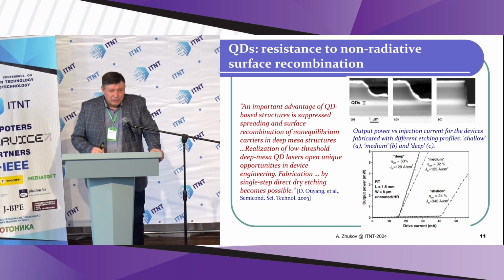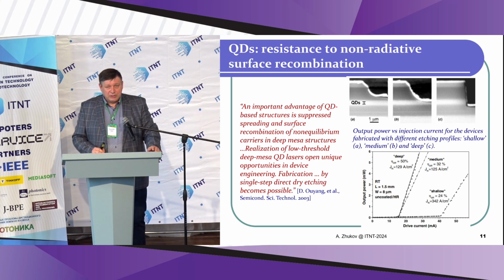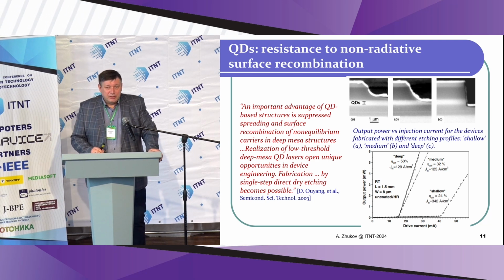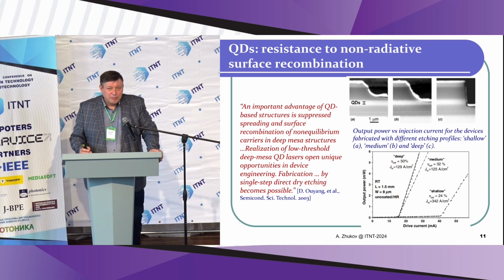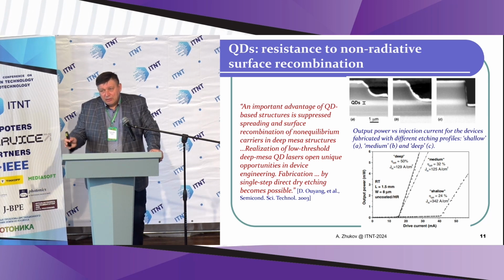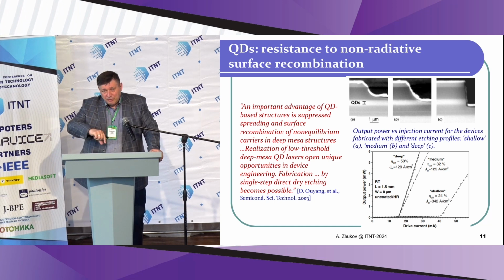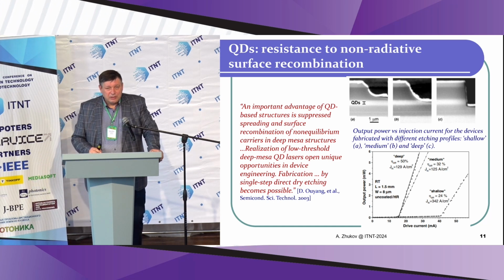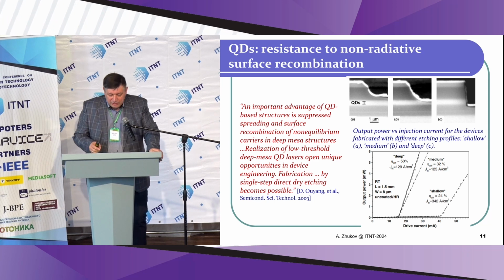That's why a quantum dot heterostructure can be etched very deeply, and this gives some additional flexibility, for example, for fabricating complicated structures like microdisks, microrings, and waveguides where very narrow stripes are required to waveguide light.